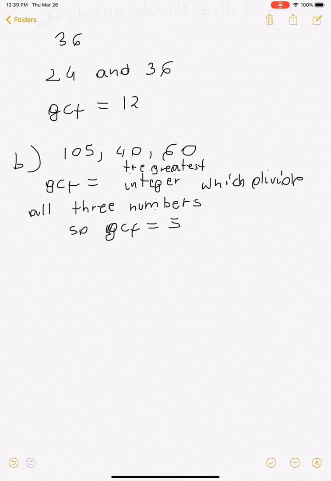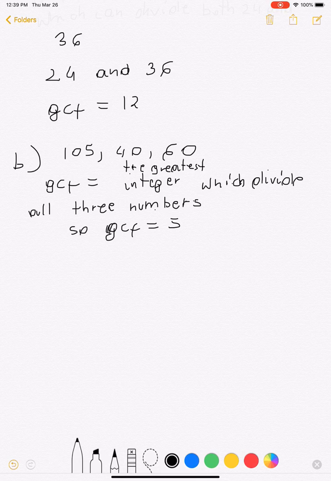In case you struggle with finding greatest common factor, if it doesn't come so fast for you, I can review how to do it with the tree factorization.